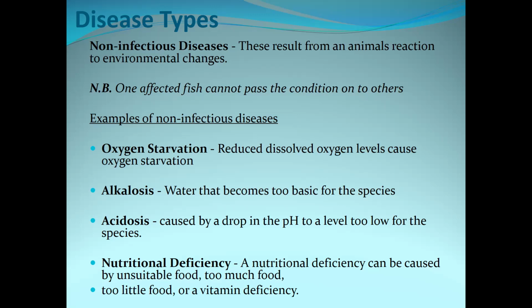stressor on the fish. Nutritional deficiency can be caused by unsuitable food, too much food, too little food, a vitamin deficiency, etc. It's just about proper diets. Knowing what type of fish you're cultivating, you can target a specific food for that fish.